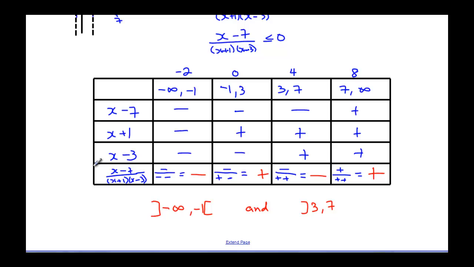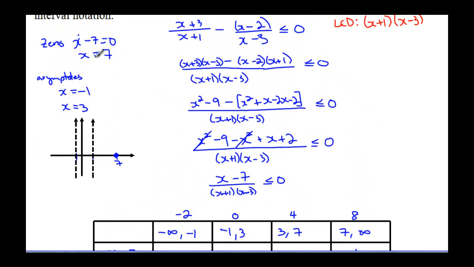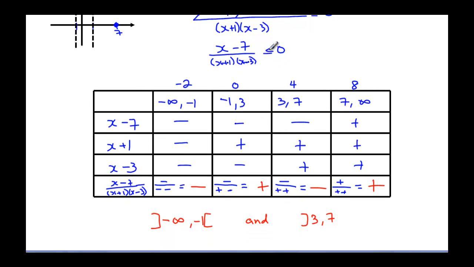Now the 7, is the 7 included? Well, the 7, there's a 0 there, so there is a graph at 7, there's a point at 7, the function does exist there. The next thing we have to check is our inequality, because at 7 we know the graph is exactly 0. So our next question is, is this a less than sign or a less than or equal to sign?